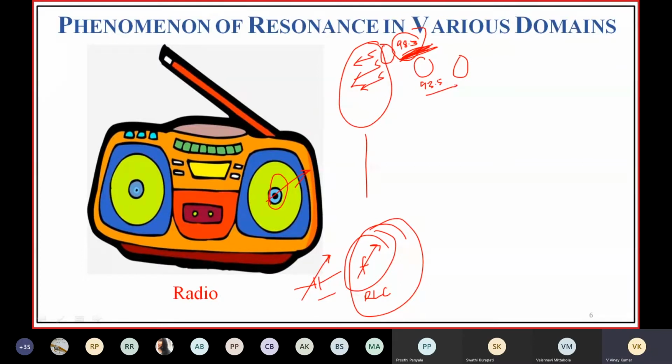That is, you're tuning into one particular station.